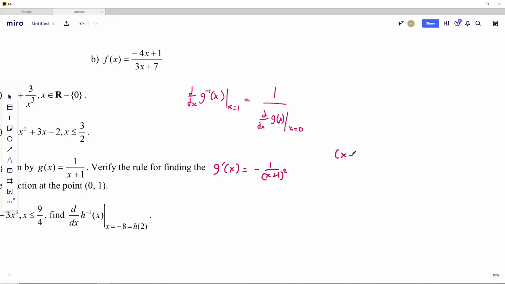Instantly, you'll get x plus 1 squared, minus. You can do this: the function is 1 over x plus 1, minus 1 in the exponent. I did nothing but take it up, right? How do you derive? Subtract by 1, so you get minus 2. Bring down the minus 1, subtract by 1 to get 2, and multiply by the derivative, which is 1 basically.